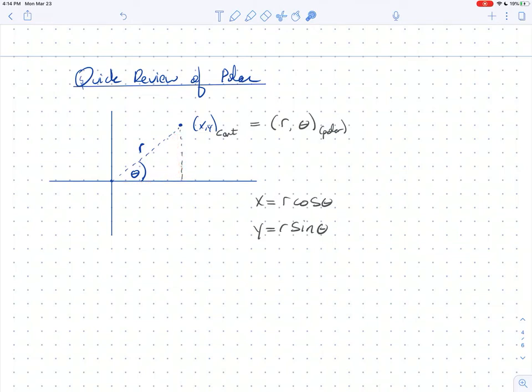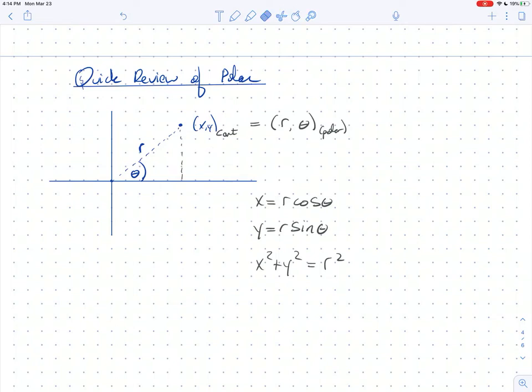I'm going to let you check it, but this side is just length x, and this side is just length y, and so these formulas all become apparent. X is r cosine theta, y is r sine theta, and x squared plus y squared, off the triangle you can see, has to be r squared, or you can also use these formulas and plug them in, and either way you get x squared plus y squared is r squared.